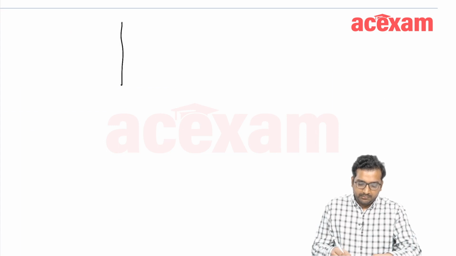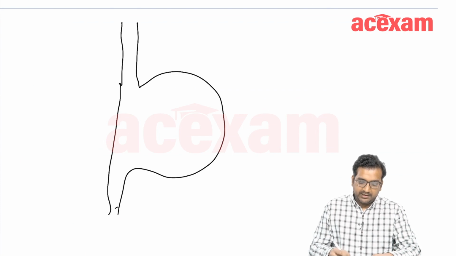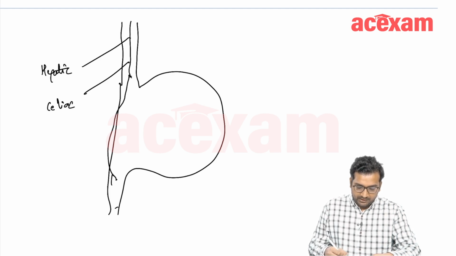Now this is the stomach. Here we have the left vagus, which is giving branches, hepatic as well as celiac, and then it is giving multiple branches to the stomach.